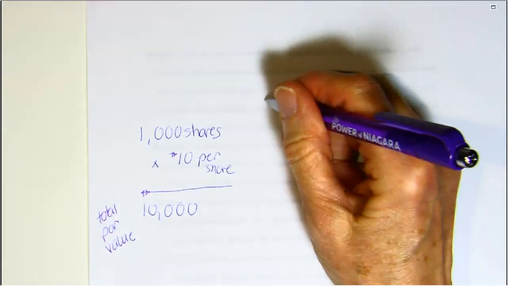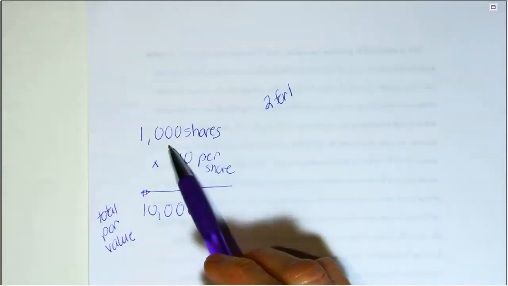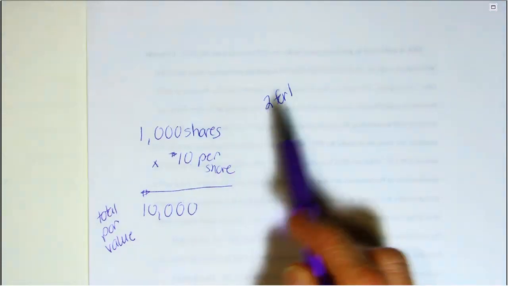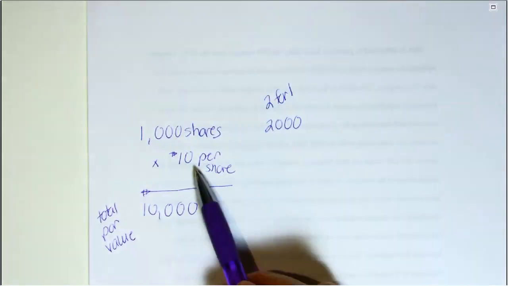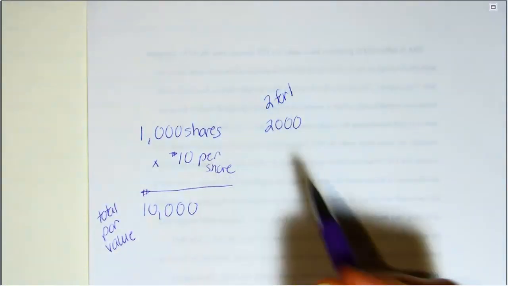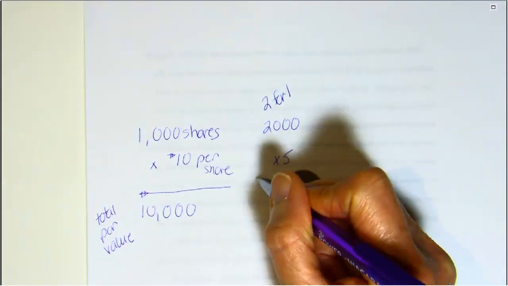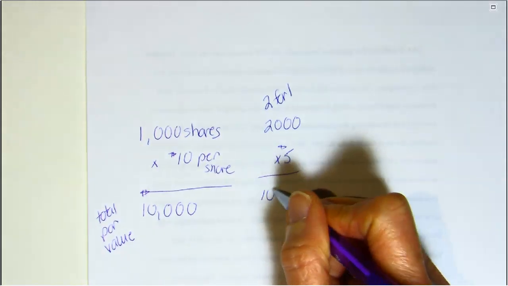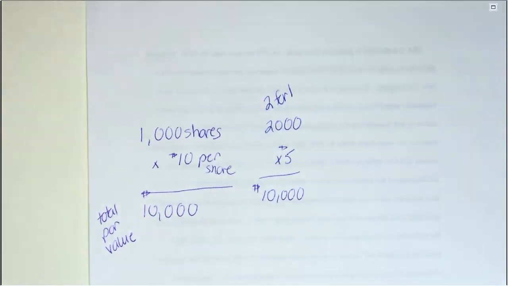If I declare a 2 for 1 stock split, I take the 1,000 shares, I multiply by 2, and that's now 2,000 shares. And then I take the $10 par value per share and I divide by 2, and that becomes $5 par value per share. When I multiply out, my total par value doesn't change.